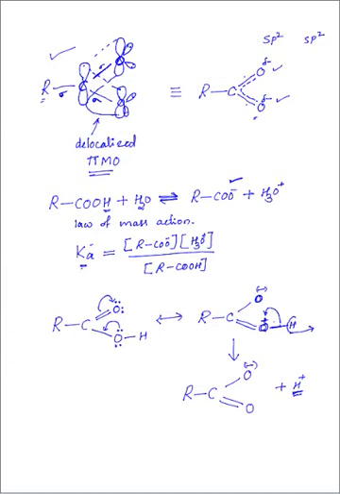Therefore, they are expressed in terms of pKa. So what is pKa? pKa is equal to negative log of Ka to the base 10. So if the pKa value is more, then the Ka value is smaller; the greater the value of Ka, the smaller the value of pKa.